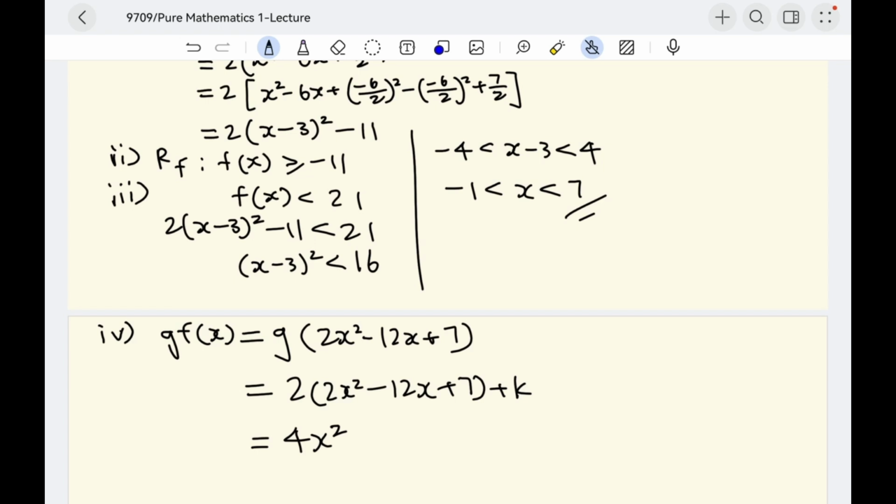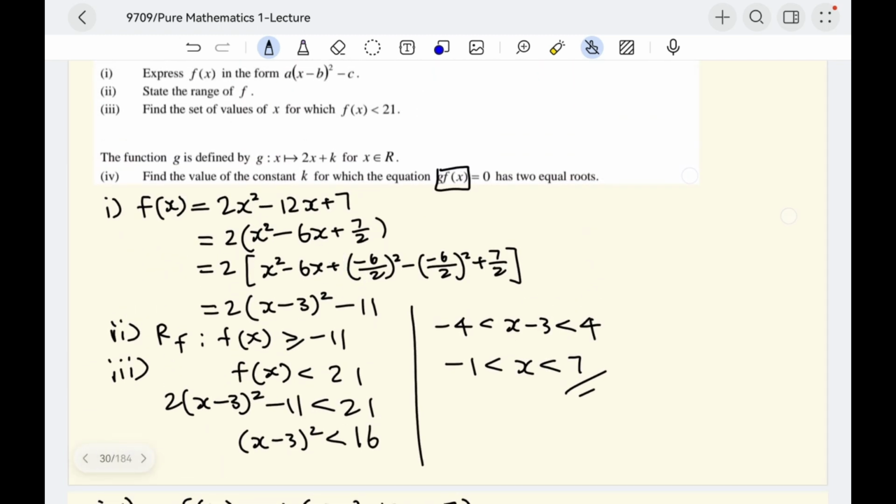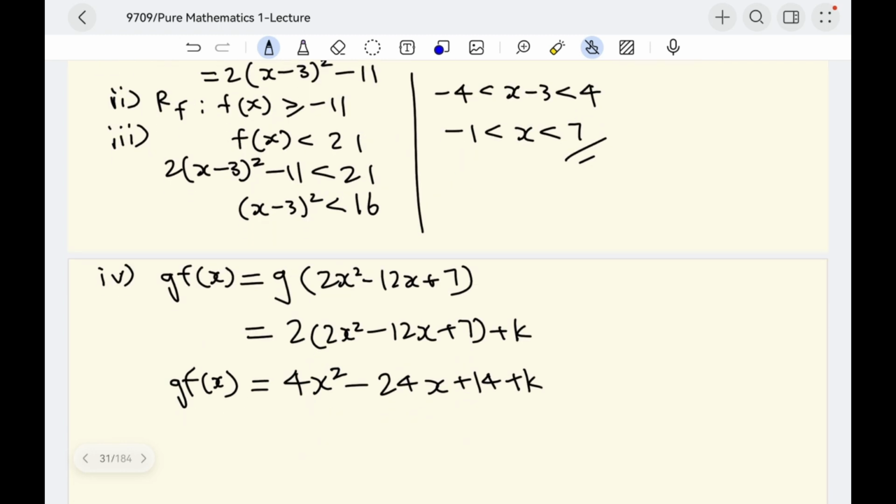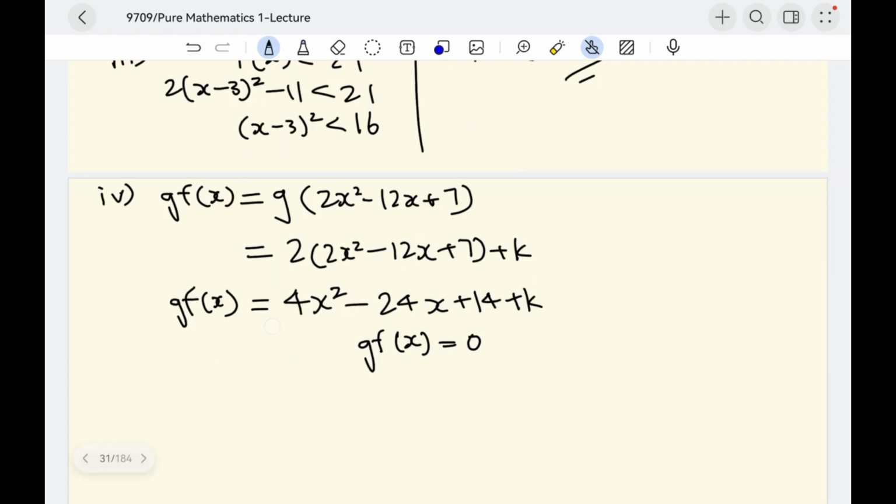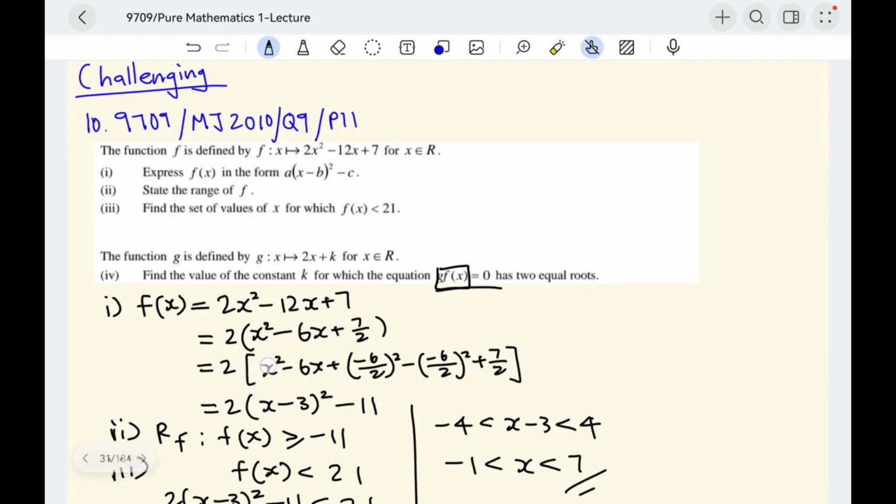Expand and simplify it. Here is your gf(x), in terms of x and k. Next, you equate gf(x) to 0. So we see that there's 4x squared minus 24x plus 14 plus k equals 0.